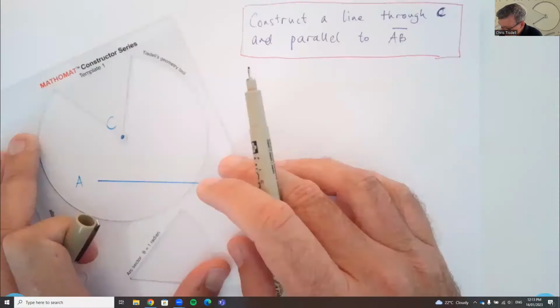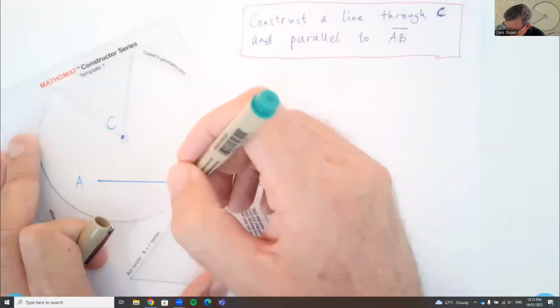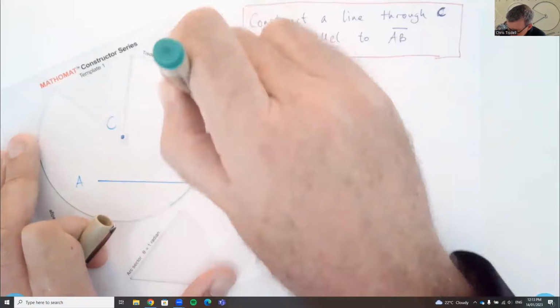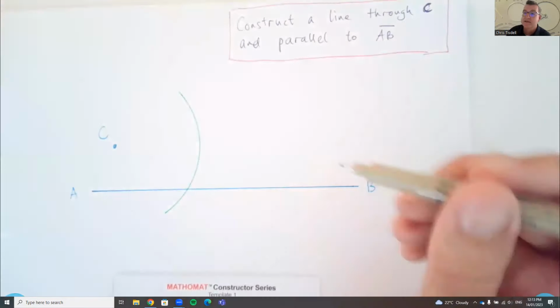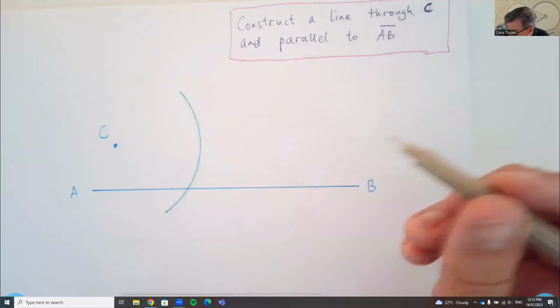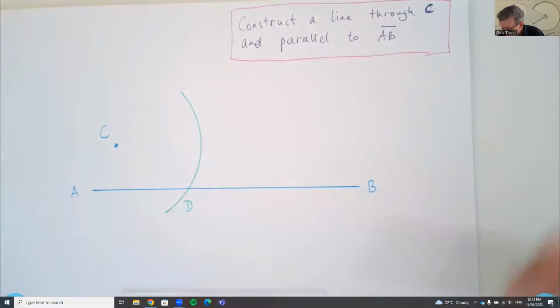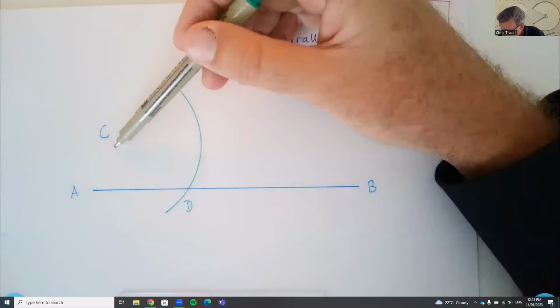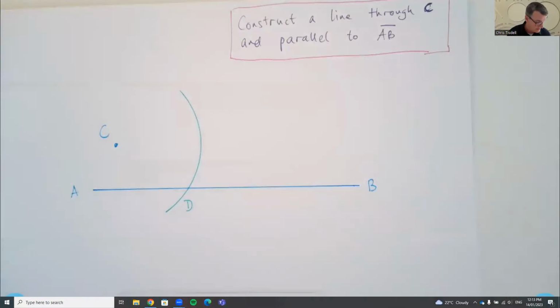So the first thing I'm going to do is put the center of my circle arc template on the point C and draw an arc that connects with the line segment AB. So we get a new point, say D. Okay, so the distance from C to D is a radius, and that's actually going to be one side of our rhombus.